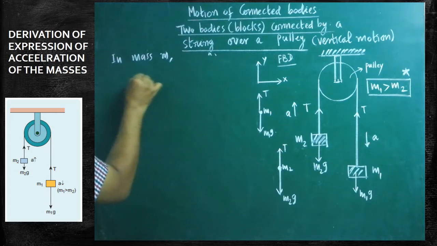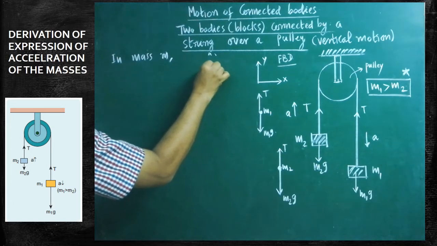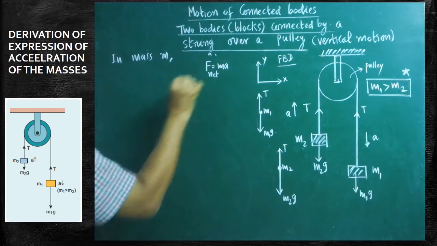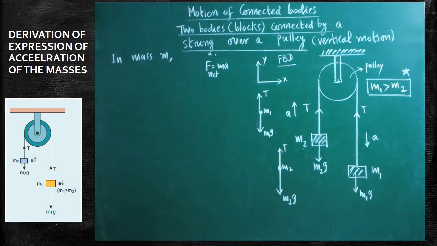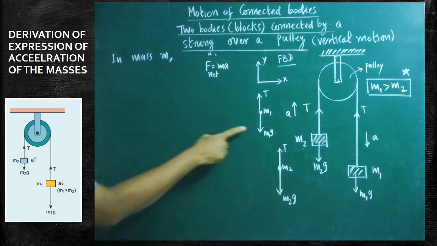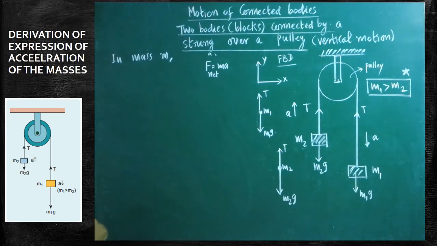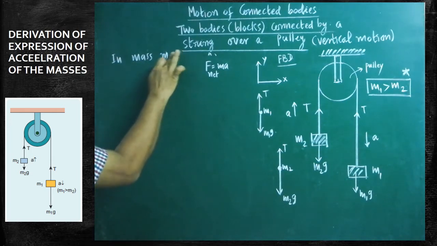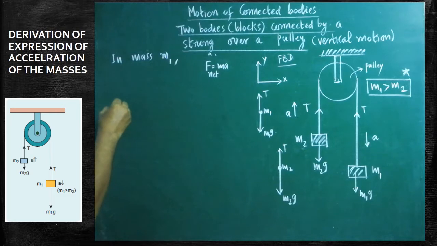How will you apply? Look at that. We know the formula for Newton's second law. Always net force can be calculated by using the formula F = ma. Apply the free body diagram expressions for mass m1. Okay. How will you write?